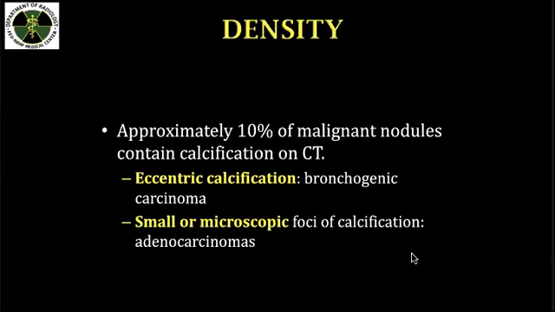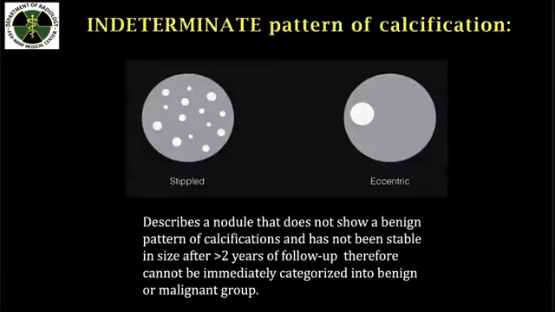Then, aside from the benign features of calcification, we have the other 10% with malignant presentation of calcification. We have your eccentric calcification that is seen in bronchogenic carcinoma, and the small or microscopic foci of calcification that is seen in adenocarcinoma. These are the examples of your indeterminate patterns of calcification.